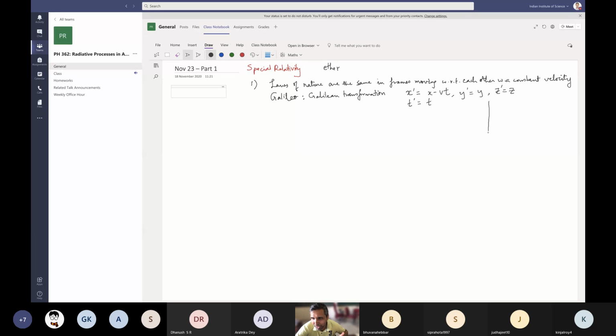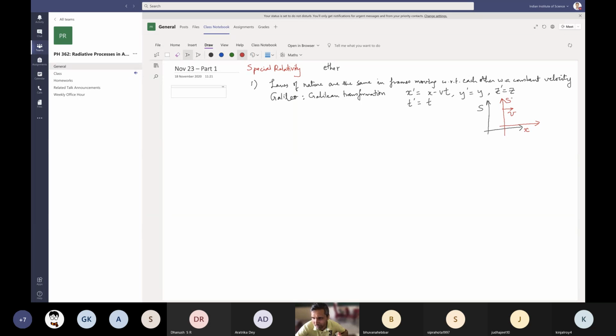If you have a reference frame S, and x, y, z, and t are coordinates measured in S, and then you have a second reference frame, S prime, which is moving with respect to S with a velocity v, say in the x direction.